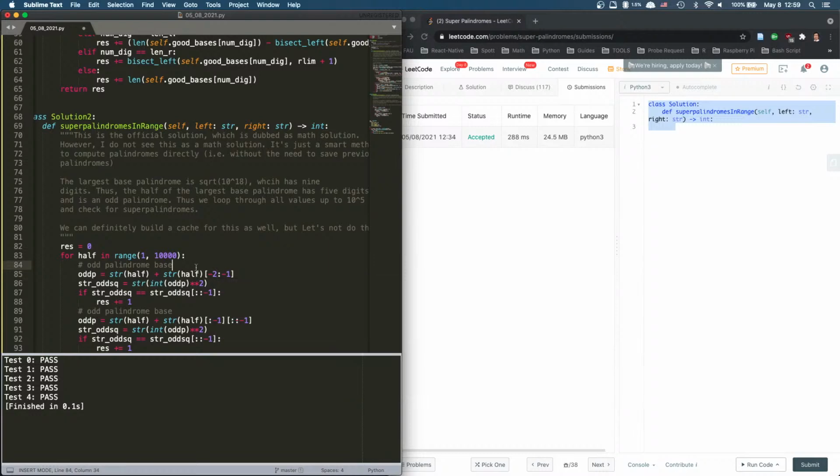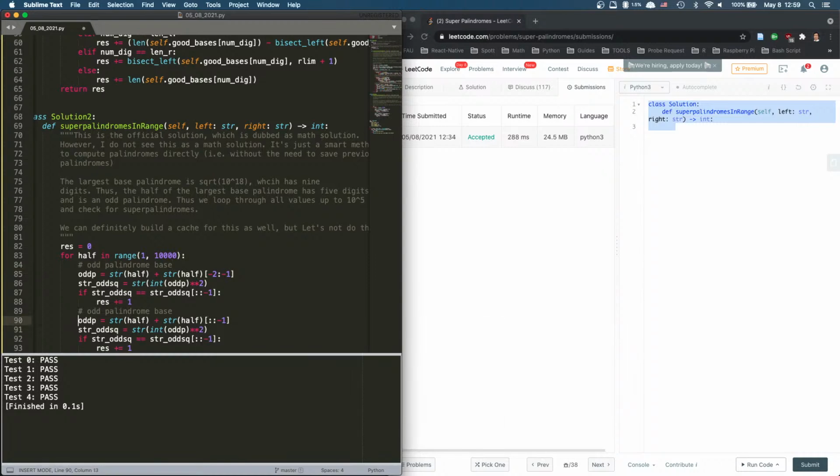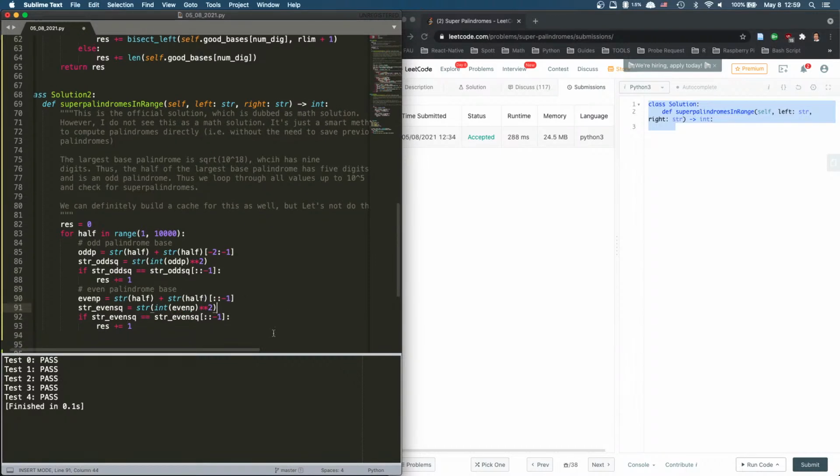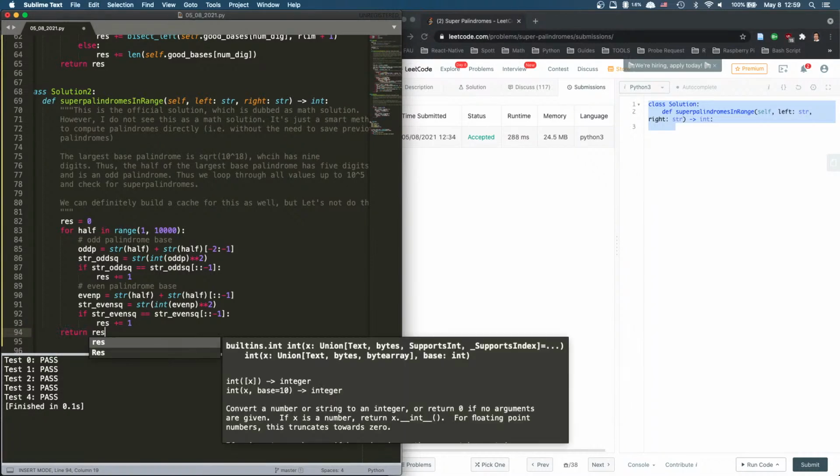I see why you use this. And this is basically just recursive. So half plus half, so it's not odd. So odd, we're going to change that into even palindrome. And if this is a palindrome, then rest plus equal 1, right? And return the rest.